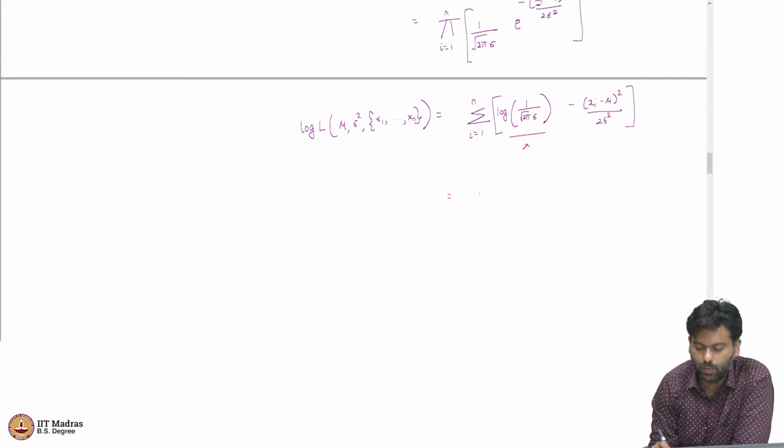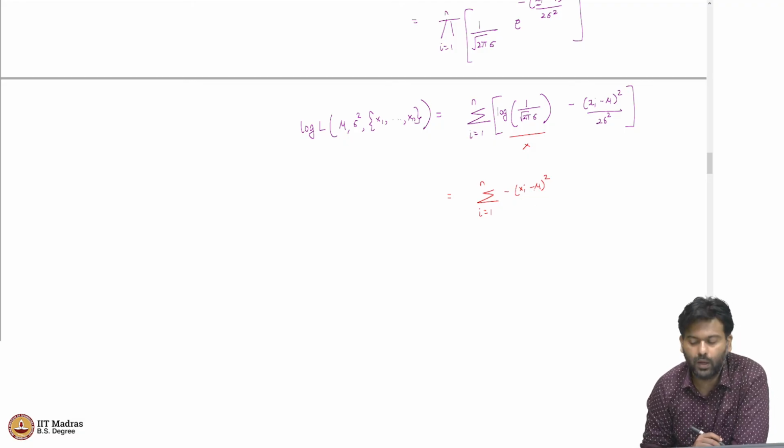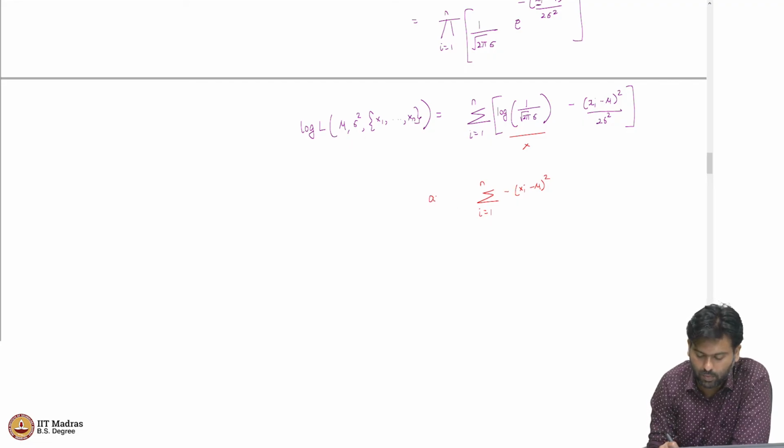In other words, I might as well maximize the sum over i equals 1 to n of minus (xi minus mu) squared. I can even remove 2 sigma squared because I'm assuming that as a constant, right? So that doesn't really affect my maximization. So I want to find that argmax over mu, which is mu hat ML, right?